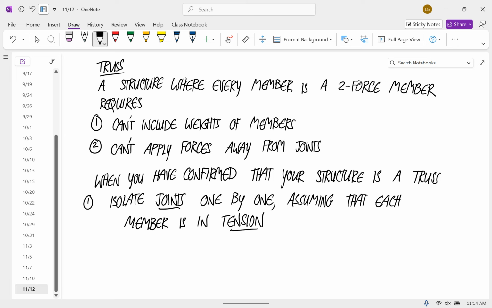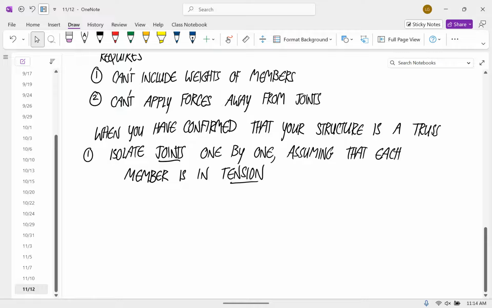If you're assuming that everything's in tension and then you get an answer that's negative, is that just compression? Perfect. Yep, exactly. So any positive answers that you get tell you that that member is in tension. Any negative answers tell you it's in compression. And then since we're isolating the joints, we're going to assume the joints are particles.